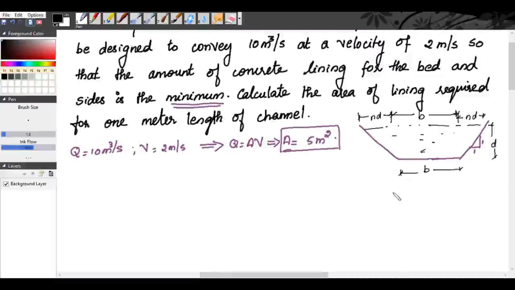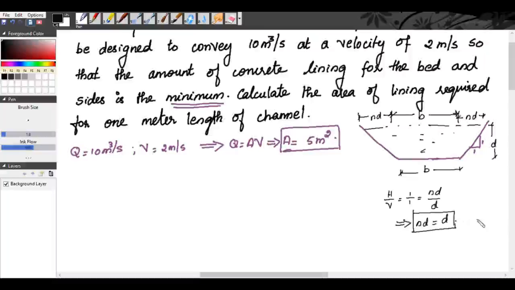We know horizontal by vertical is equal to 1 by 1, which is nd by vertical depth small d. So from which we get nd is equal to d.